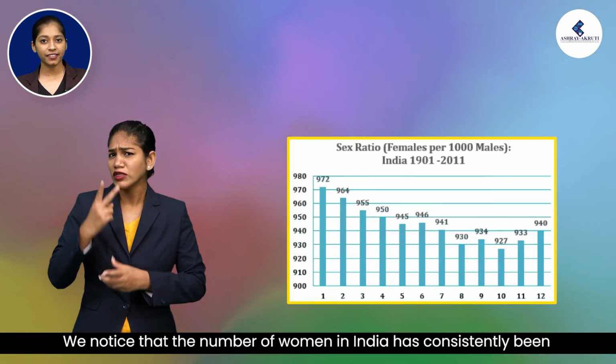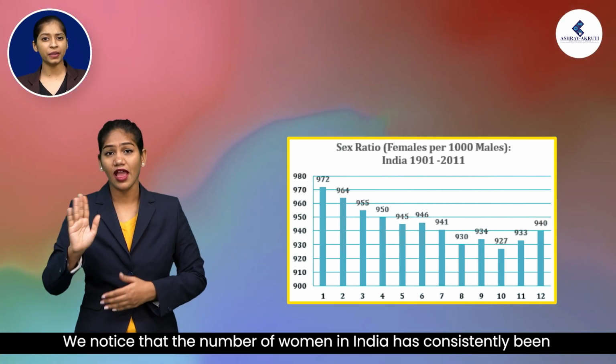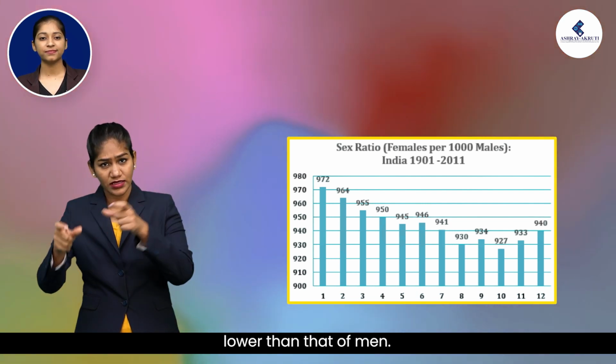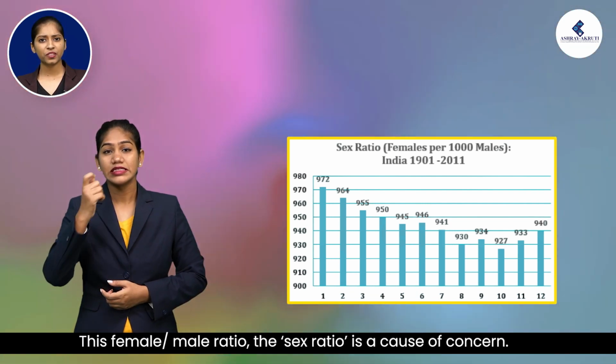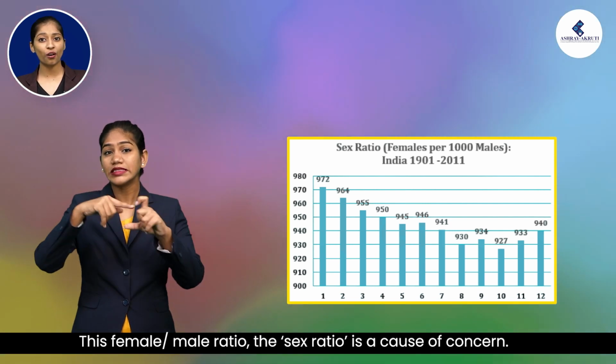We notice that the number of women in India has consistently been lower than that of men. This female to male ratio, the sex ratio, is a cause of concern.